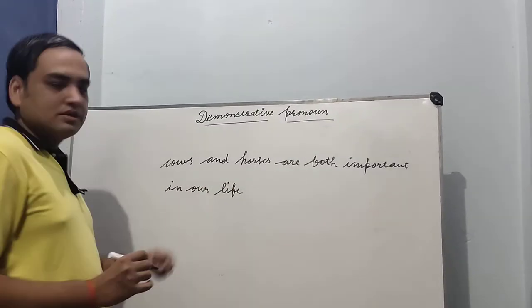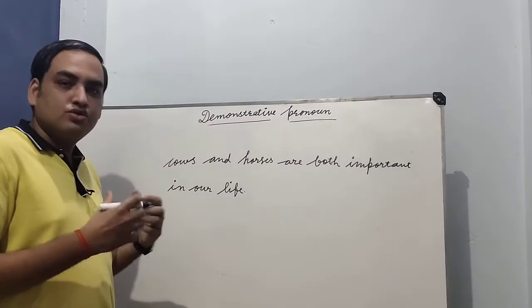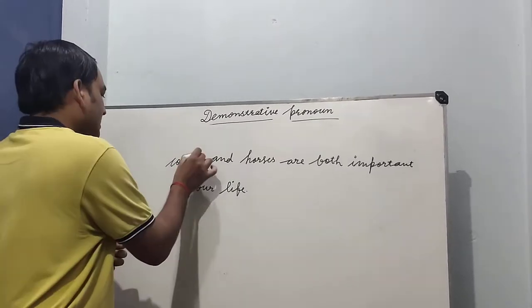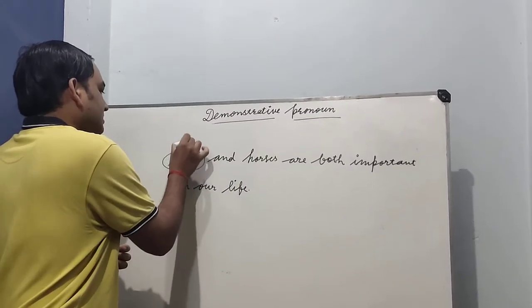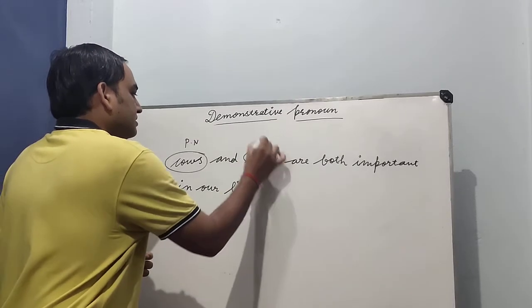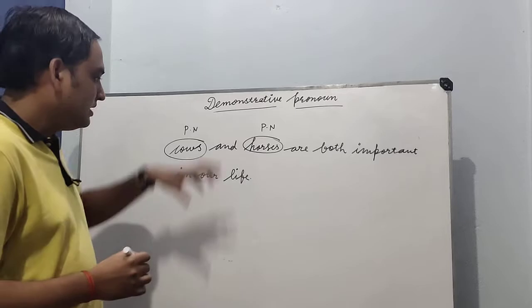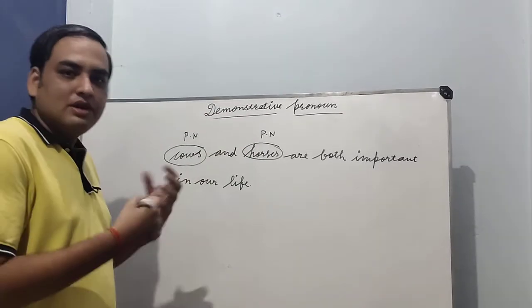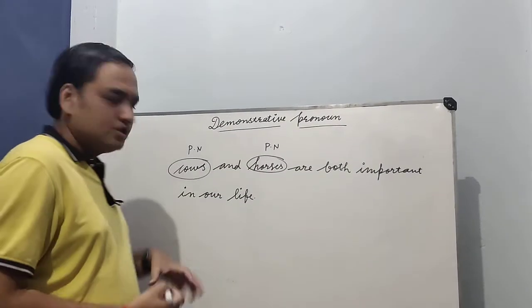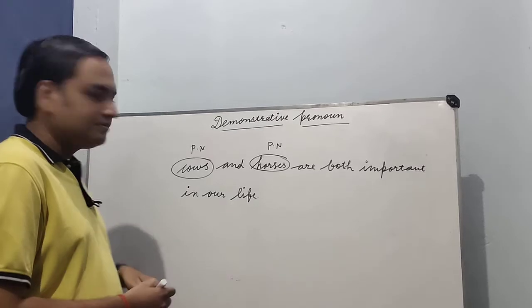Cows and horses are two plural nouns. This is a plural noun, this is a plural noun. So we cannot use this and that in this sentence. We will use these and those to indicate plural things.